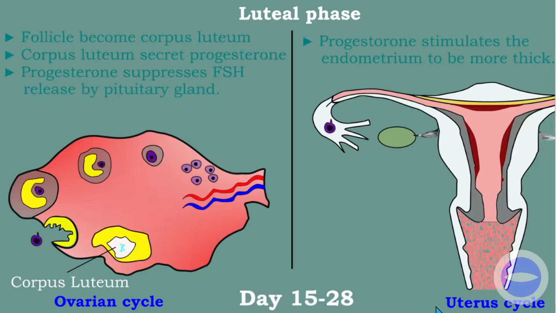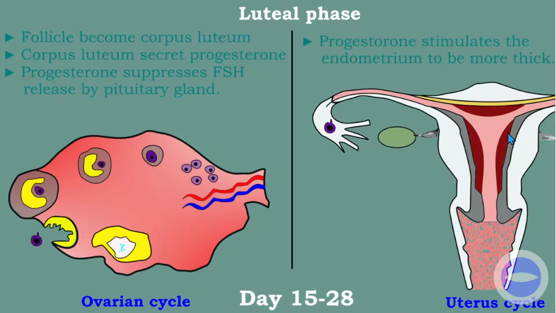And then inside the uterine cycle, during the luteal phase, the progesterone stimulates the endometrium to become thicker, and then more glandular and more vascular. So what the progesterone will do is make this thicker and more glandular. Focus here, look at what happened here.